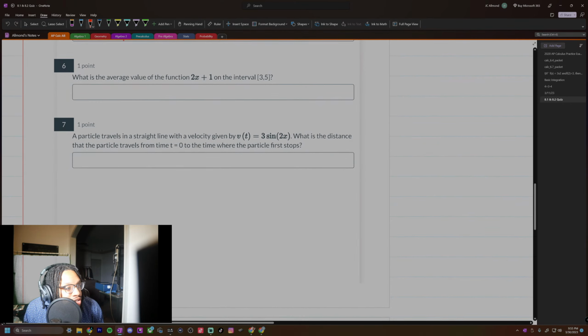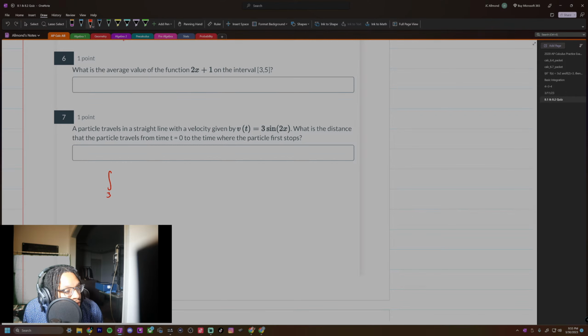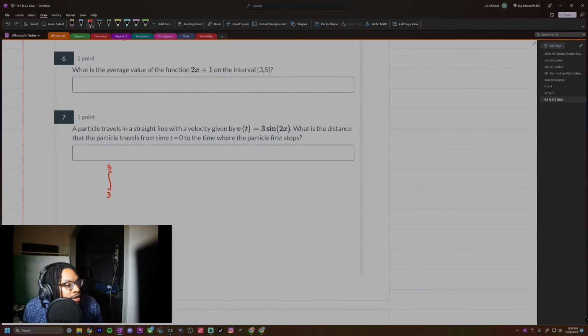Okay, number 6. Average value of a function on an interval. I'm just going to work down here. That is just a literal direct application of average value of a function. So I'm going to go 1 over 5 minus 3 times the integral of 2x plus 1.